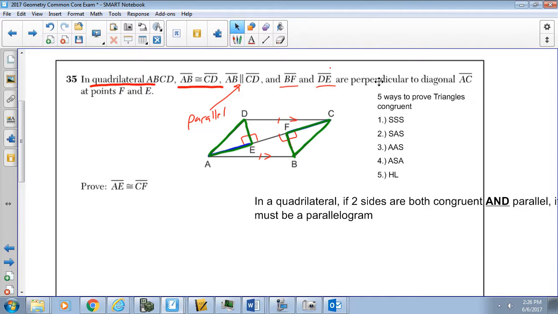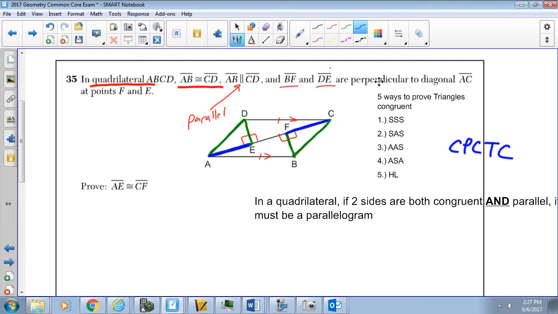And once I do that, I'll be able to prove that these corresponding pieces of congruent triangles are congruent. If you remember CPCTC, if you can prove that two triangles are congruent, you can say that the corresponding parts of those triangles are also congruent.